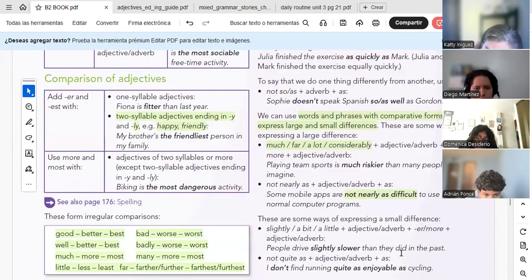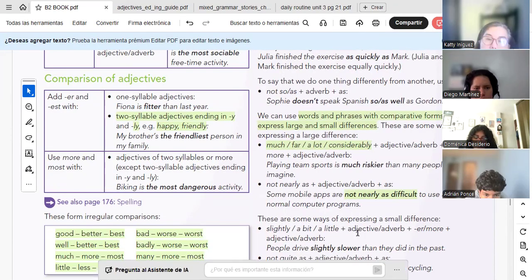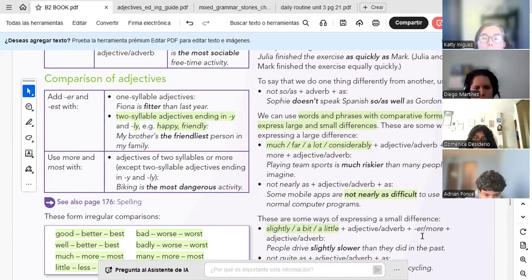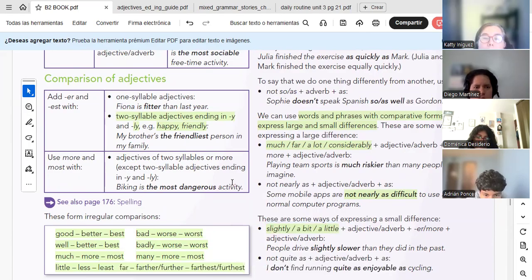There are some ways of expressing small differences: slightly, a bit, a little. To express small differences, plus adjective or adverb plus -er, or more plus adjective or adverb. So let's check the example. People drive slightly slower than they did in the past. Las personas manejan un poco más lento de lo que lo hacían en el pasado.